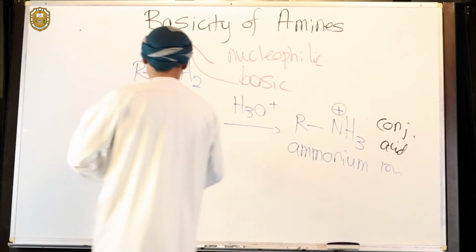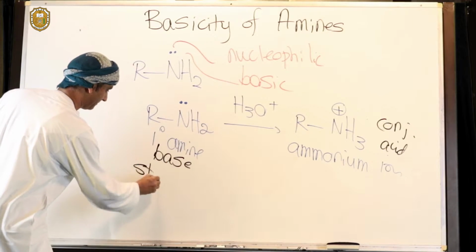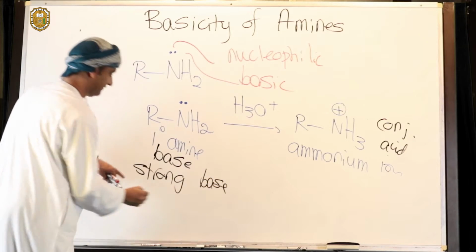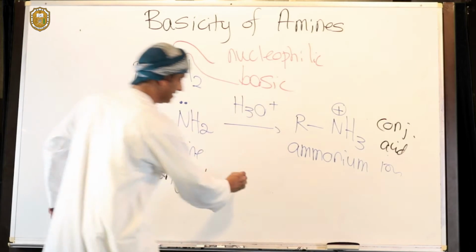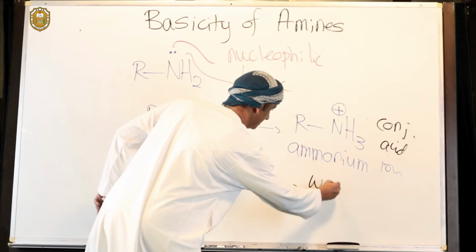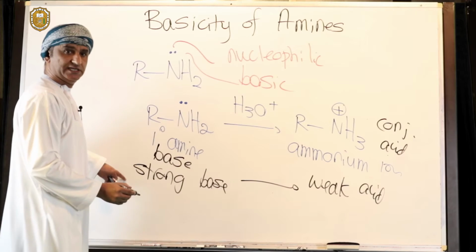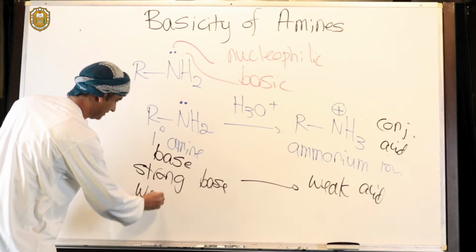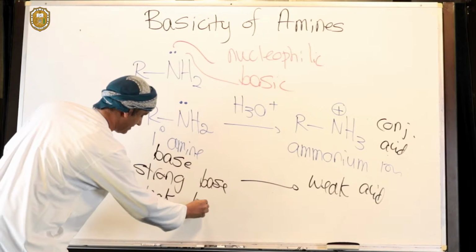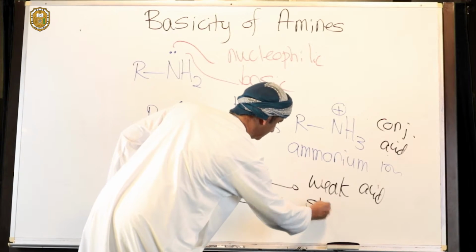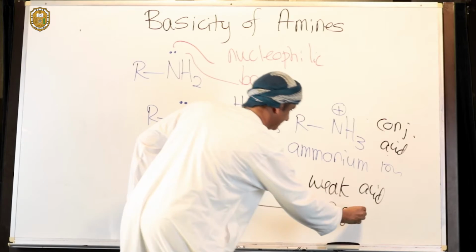So if the amine is a strong base, then the ammonium ion is a weak acid. If the amine is a weak base, therefore the conjugate acid is a strong acid.